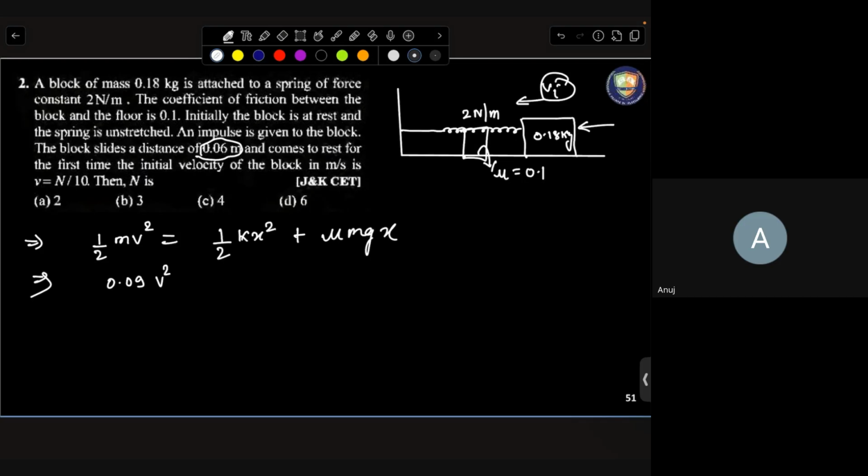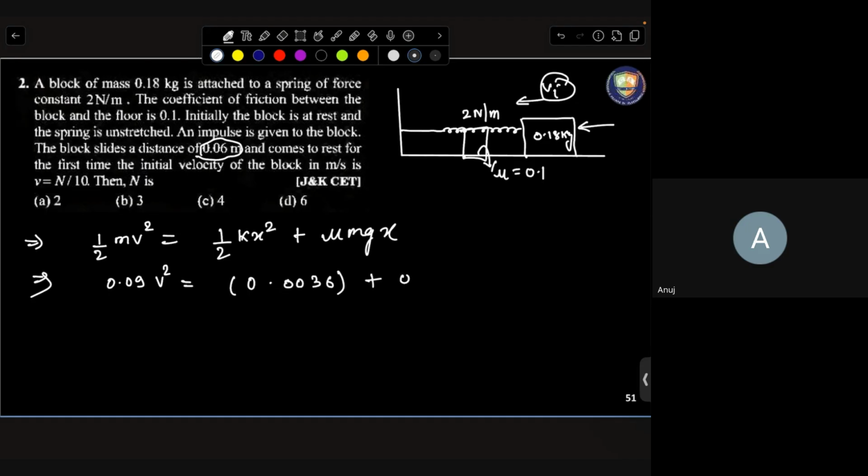Now, the mass is given to you as 0.18, so half of it is 0.09 v square. K is 2, so simply 0.06 whole square, that is 0.0036 will be there because k is 2, half into 2 is cancelled, only x square is left.